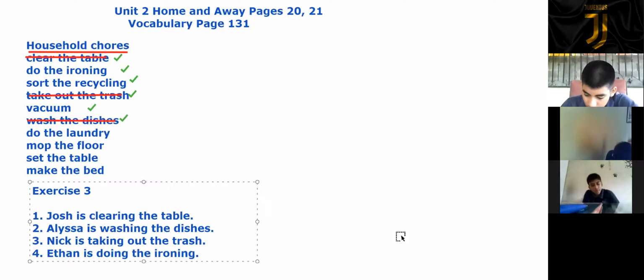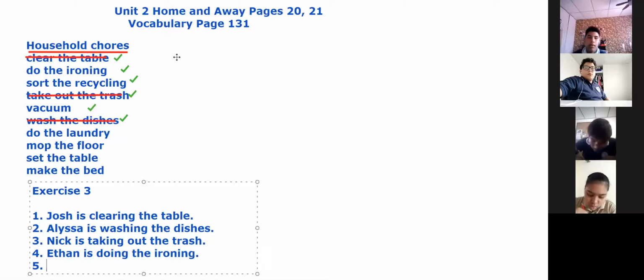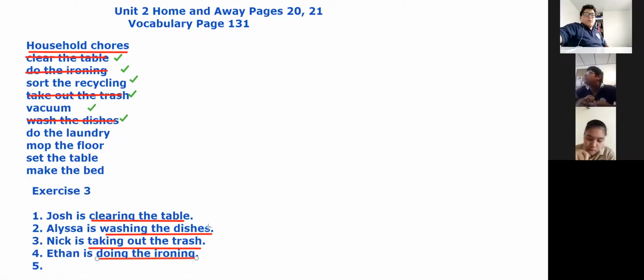If you don't know what an iron is, you have to look for it. So Ethan is doing the ironing. So this one we already filled in. Doing, from do, we put ing, doing the ironing. That's what you fill in. Okay? An action. Next one.